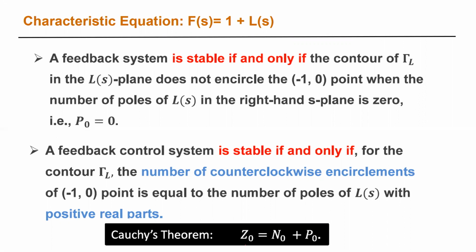But what we are doing is taking it the other way around: the number of poles inside the Nyquist contour, and this is the number of encirclements of the -1. You just find them, and that will give you how many zeros are in the right half plane.